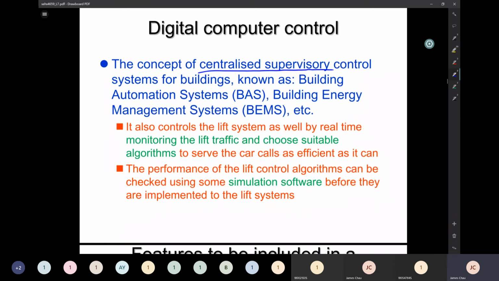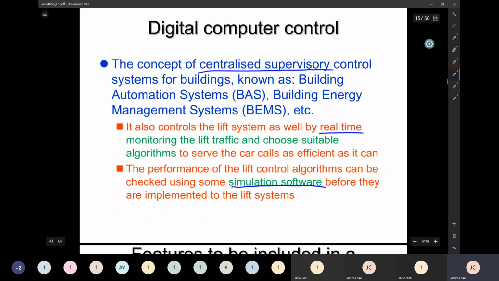So the system acquires the real-time traffic. It monitors the lift traffic in real time, and it chooses the best algorithm to serve the car calls so that it can make the lift system efficient. The performance of the lift control algorithm can be checked by using simulation software.